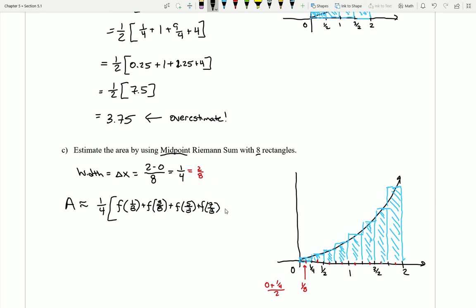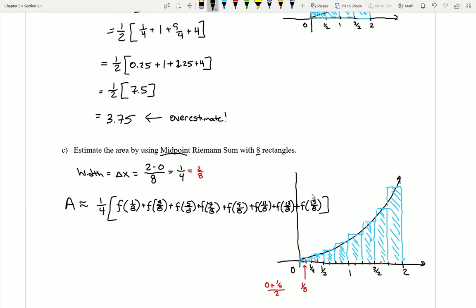I'm just adding 2 more eighths every time. And then I'm going to go to 9/8. And I know that I should only have 8 of these because I'm going to have 8 total rectangles. So I'm really going to have to cram these in. I'm going to go to 11/8, and then 13/8, and then I'm going to have to keep going one more time, 15/8. Right? Notice there I have 1, 2, 3, 4, 5, 6, 7, 8 total rectangles, and I'm good to go.